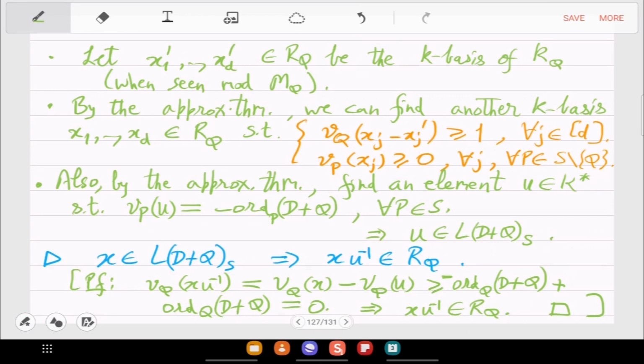We'll now try to show that the basis that we have found in R_Q gives you a basis for L d plus q. So this basis here will become the basis there, and that will be your proof of the claim. So for that, let us now use the x_j primes to make it work.